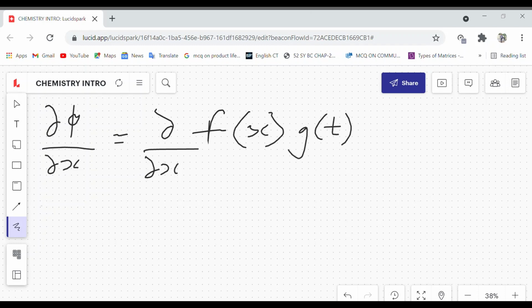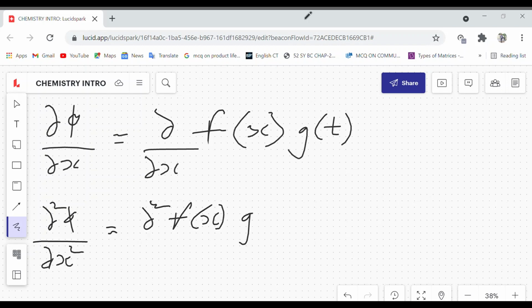Then on double differentiating, dou square phi by dou x square is equal to dou square f of x into g of t divided by dou x square.